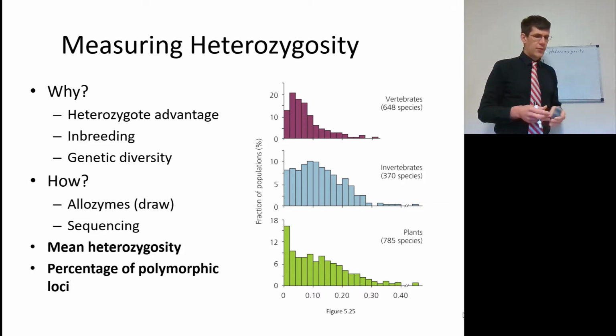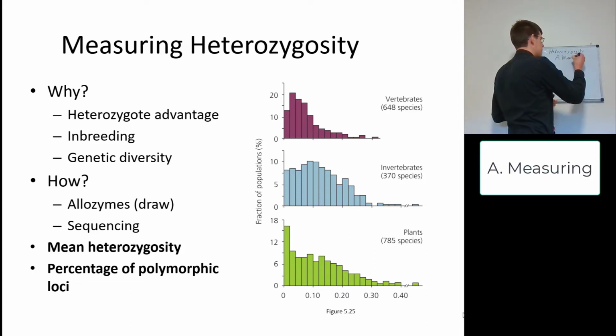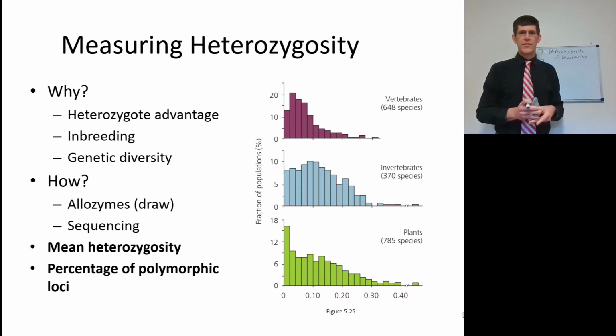We can also measure that as mean heterozygosity. So what fraction of the population is going to be actually heterozygous for a certain allele, or overall for a whole bunch of alleles? So how often do we see heterozygosity in a population? What is the percentage of loci?